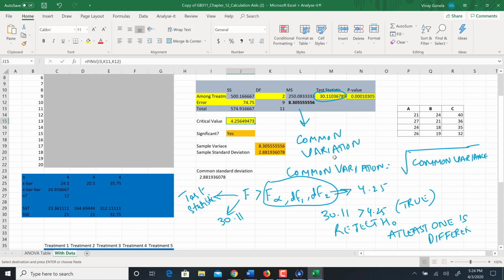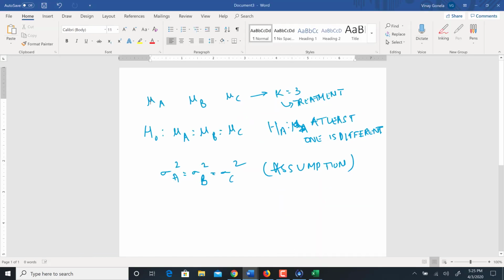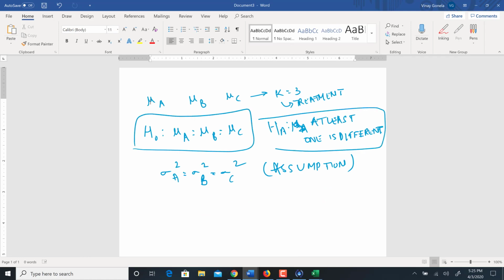What was our null hypothesis? Our null is mu a equals mu b equals mu c. The alternative is, if we reject the null, that this is true.